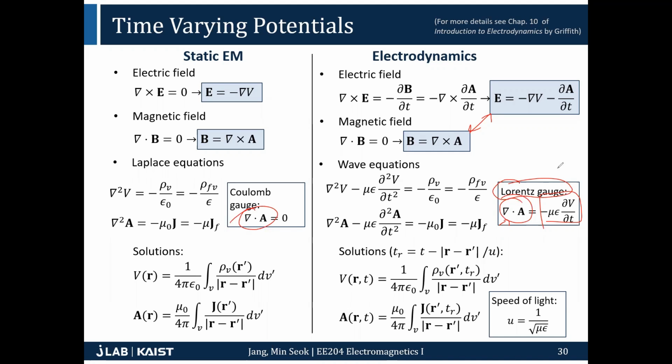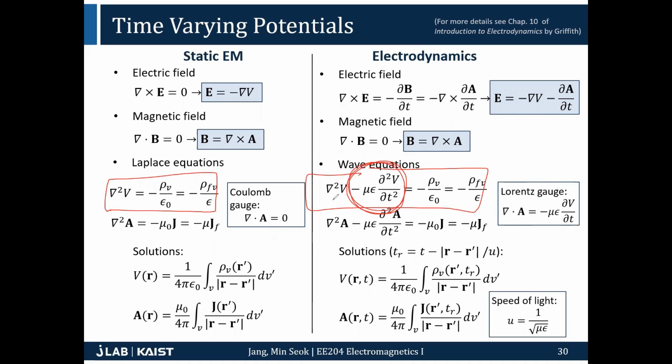But if you do that, what's happening is that the equations for V and A have the same form. If you look at this, they have the same form. So the only difference, if you compare the static case and the dynamic case, is that you have this as a new term, the time-dependent term.